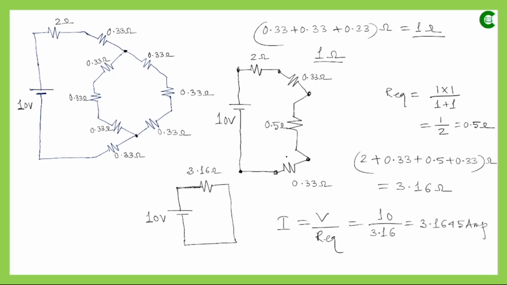The current remains the same, and that's why whatever current is flowing through this equivalent resistance, since this is the equivalent resistance of all these four resistors connected in series, the same current will be flowing through all these four resistors. So that same current will be flowing through this 2 ohm resistor. That is what was expected from us, the current which will be flowing through this 2 ohm, and the answer is 3.1645.